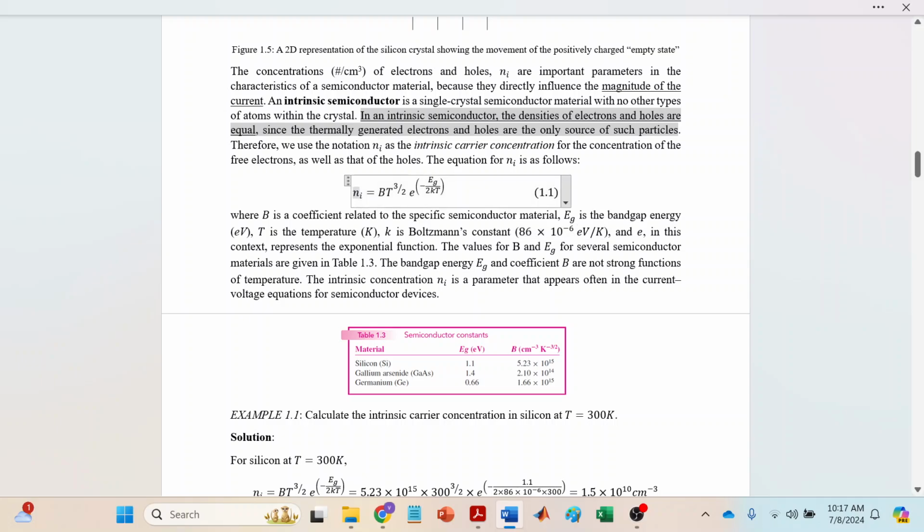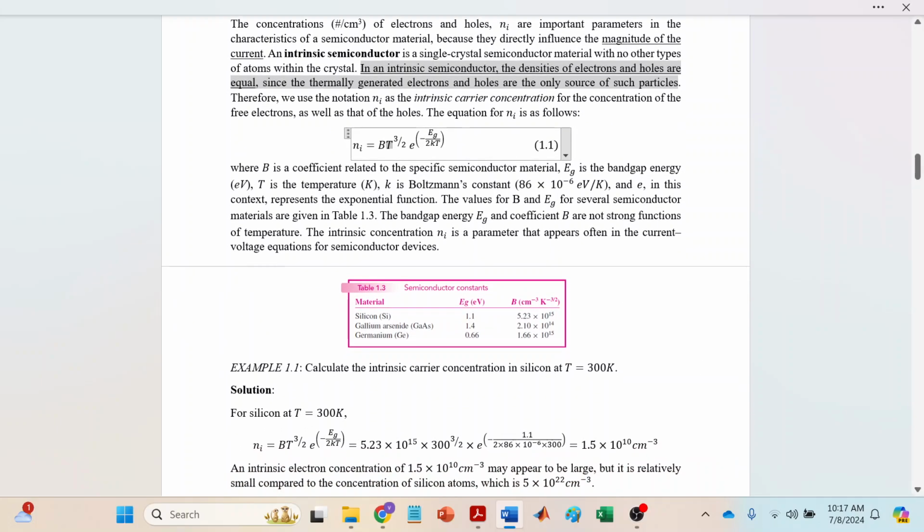So this formula is the equation that tells us the number of electrons and holes that can be generated in an intrinsic semiconductor for a particular temperature. So in intrinsic semiconductors, it is an increase in thermal energy that produces carriers and consequently holes.